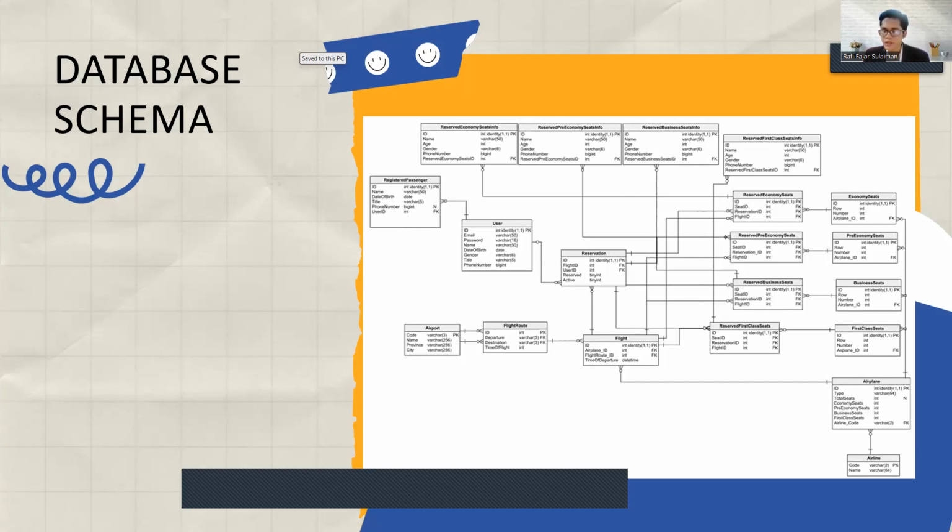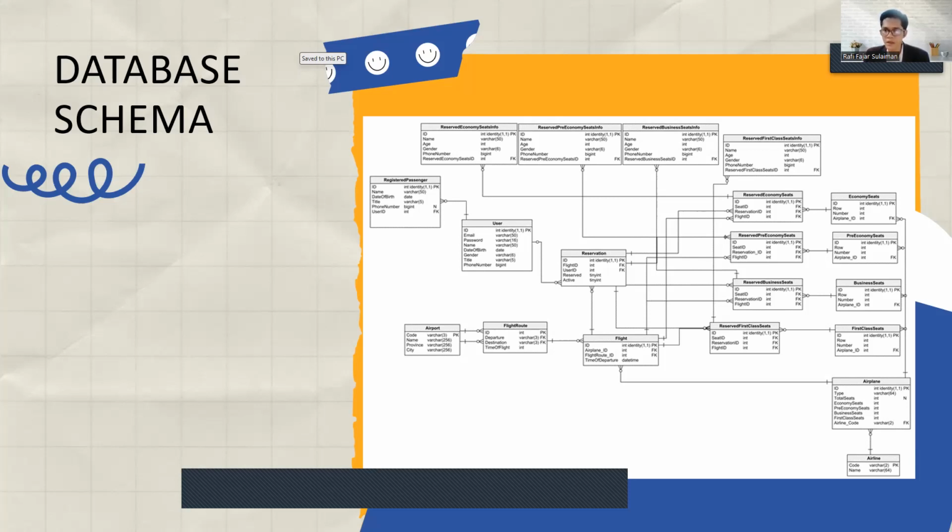And then connected to each of those tables, we have the reserved version of the seats. The reserved version has the seat ID, which is going to find which seat is reserved. And then we have the reservation ID to find who reserved it and the flight of the reserved seat. And then we also have the flight ID.